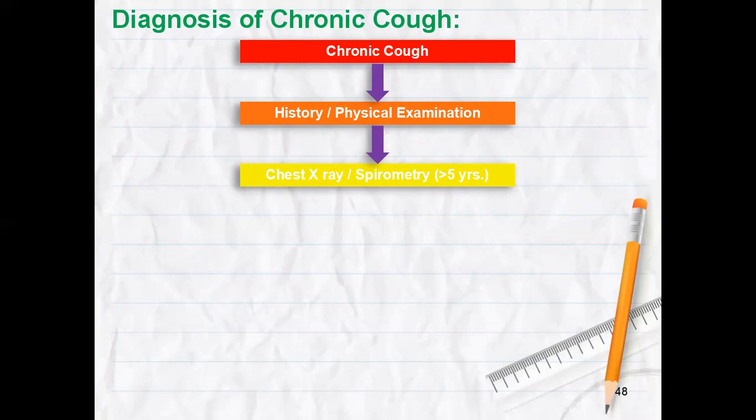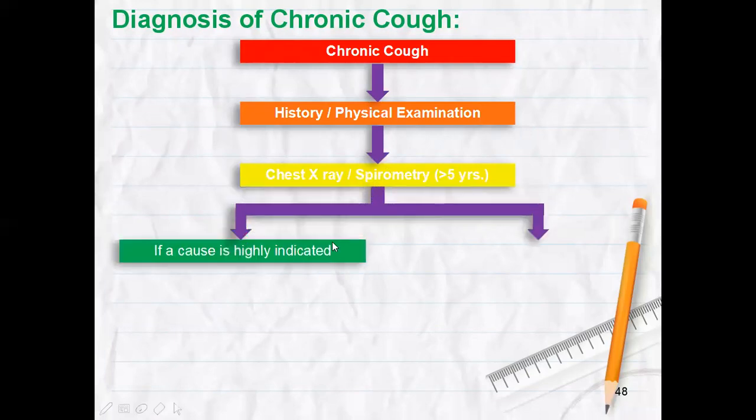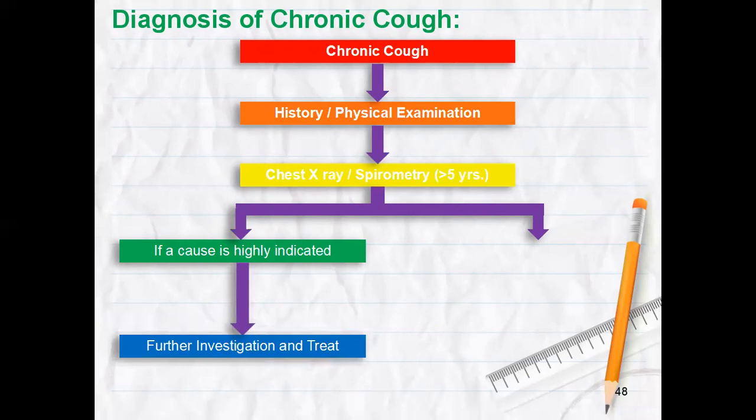Note that spirometry is performed only if the patient is greater than 5 years old. After history, physical examination, chest X-ray and spirometry, if the cause is highly indicative, then we further evaluate and confirm the cause and then treat the cause.